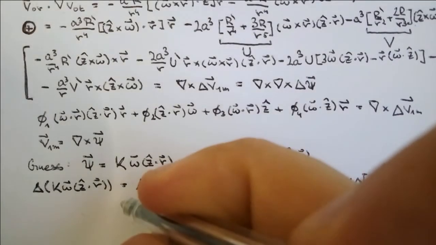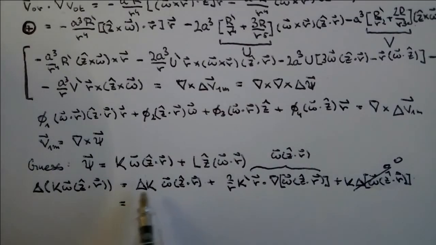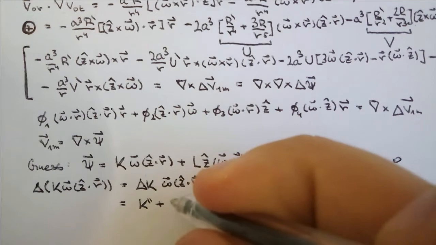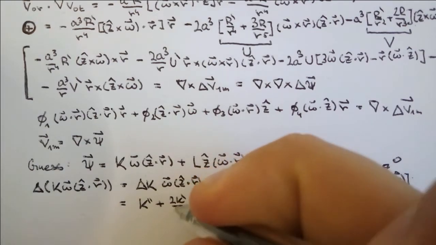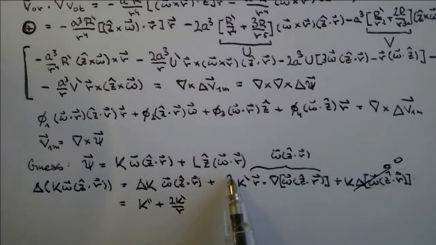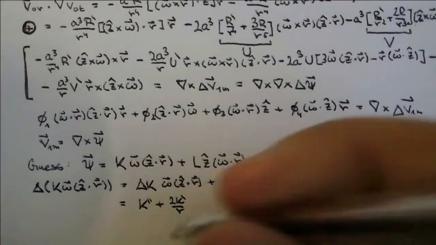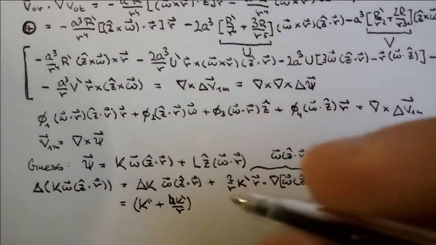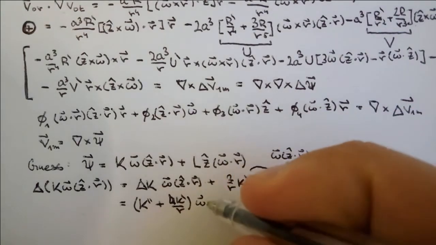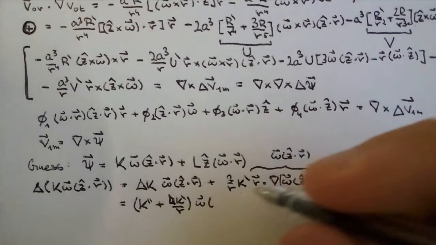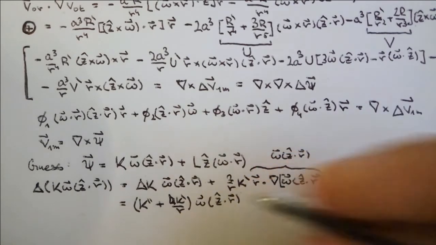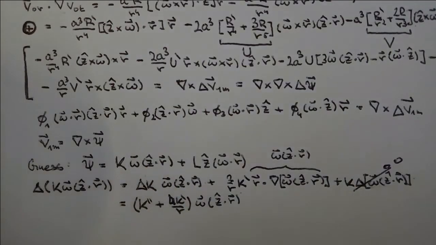So it's just the Laplacian of k, which is k double prime plus 2k prime over r. And there is another 2 from this, and this is the same. So it's 4 times omega times z hat dot r, which is exactly the same term.